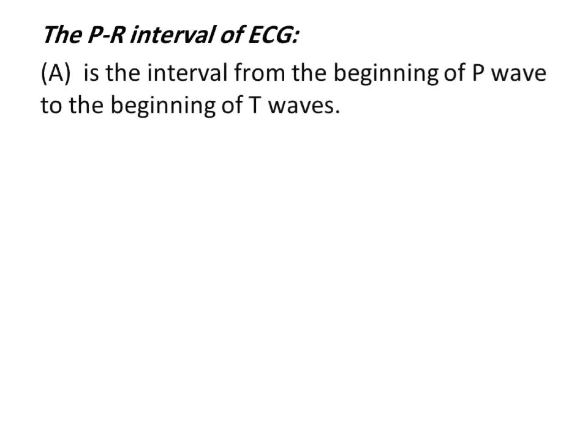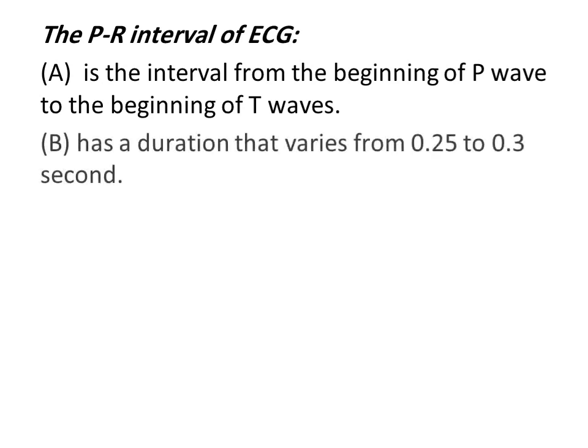The PR interval of the electrocardiogram is the interval from the beginning of P wave to the beginning of T wave. Wrong. To the beginning of Q or R. Has a duration that varies from 0.25 to 0.3 seconds. Wrong.